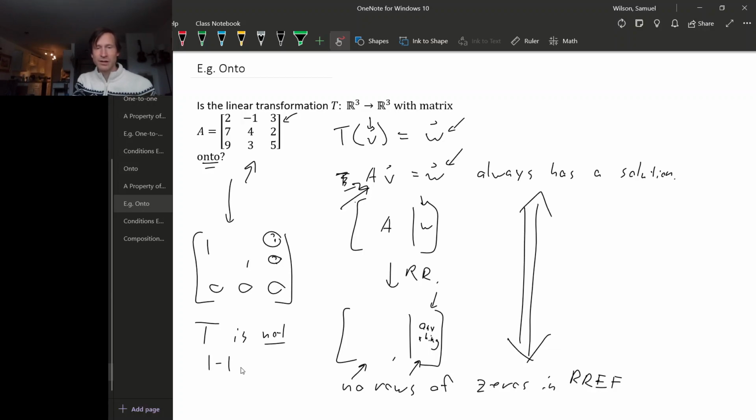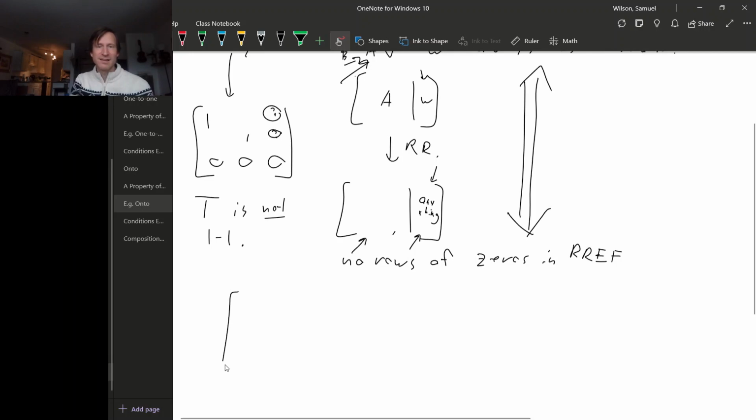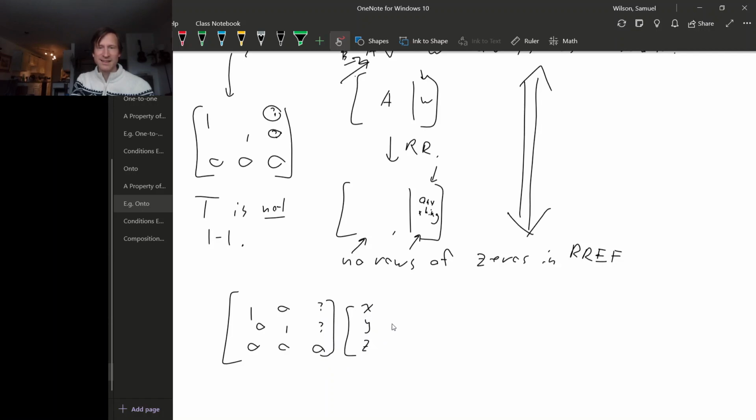So the linear transformation that this matrix represents is not onto, right? We're asking, is it possible that this equation always has a solution? Well, no, not always, because if I put a 1 in this last entry, it's impossible to choose a vector xyz so that this product on the left has a 1 in its last entry.